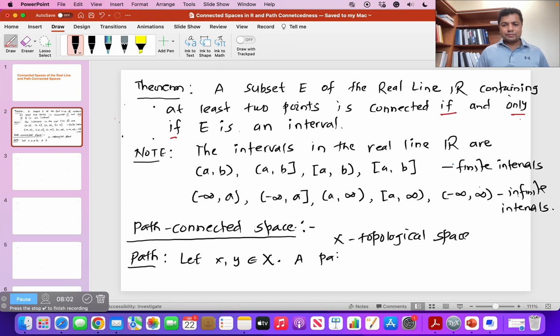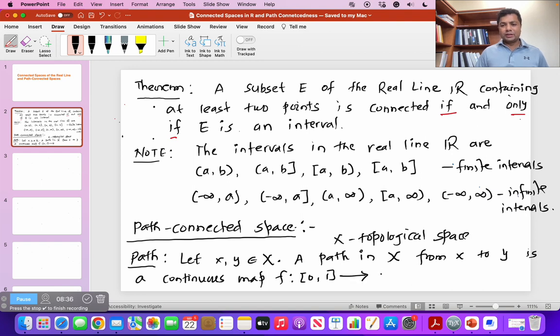Then a path in X from x to y is a continuous map f from the interval [0,1], both endpoints included, to X, such that the image of 0 under f is x, and the image of 1 under f is y.